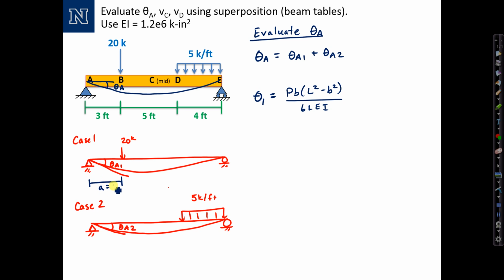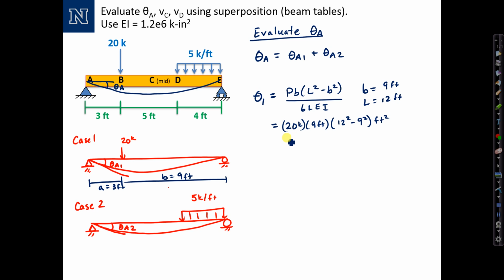I can go ahead and use A equal to 3 feet and B equal to 9 feet. And notice that the equation uses B. This one's fairly simple to calculate. Remind ourselves that B is 9 feet, L is equal to 12 feet for use in that equation. P is 20 kips times 9 feet times (12 squared minus 9 squared) feet squared, divided by 6 times 12 feet, over EI.